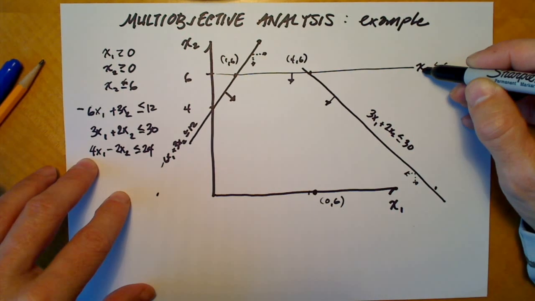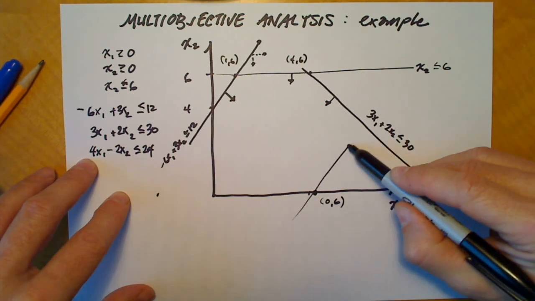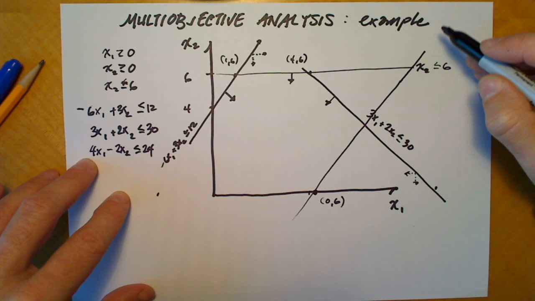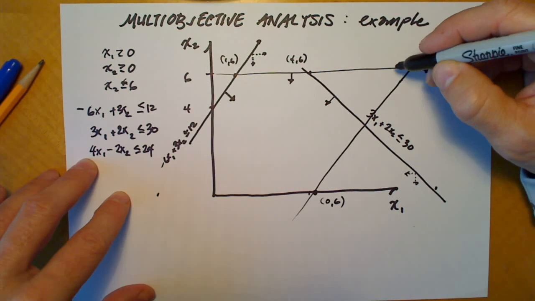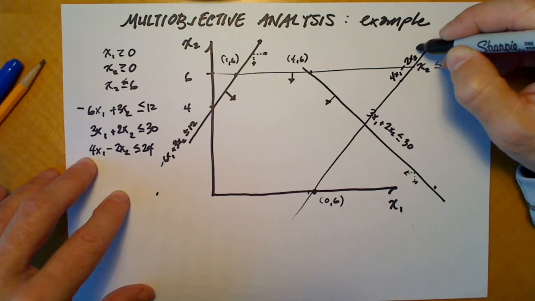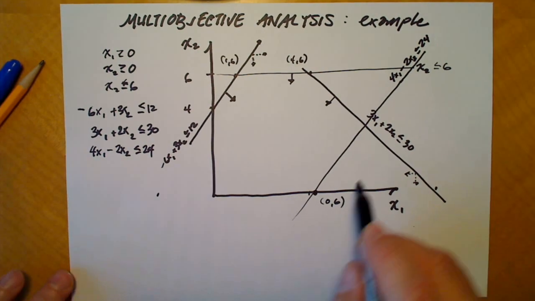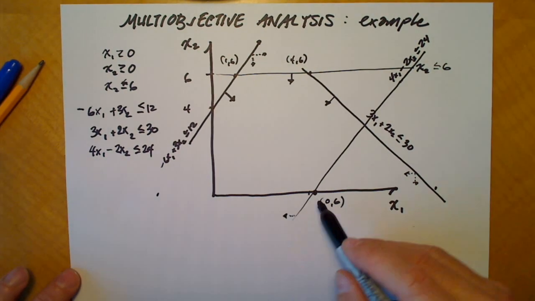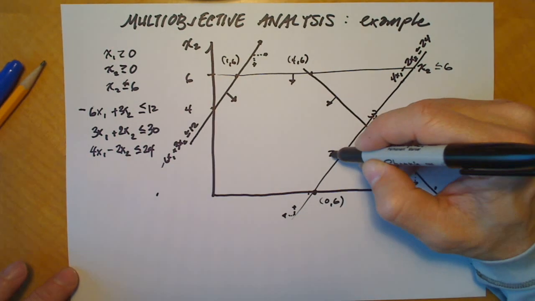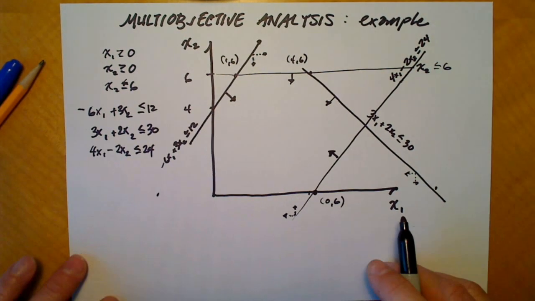And this line is the 4x1 minus 2x2 less than or equal to 24. We need to be on the negative side of x1 and the positive side of x2. Let's see, have we got them all from the problem? I think we have.